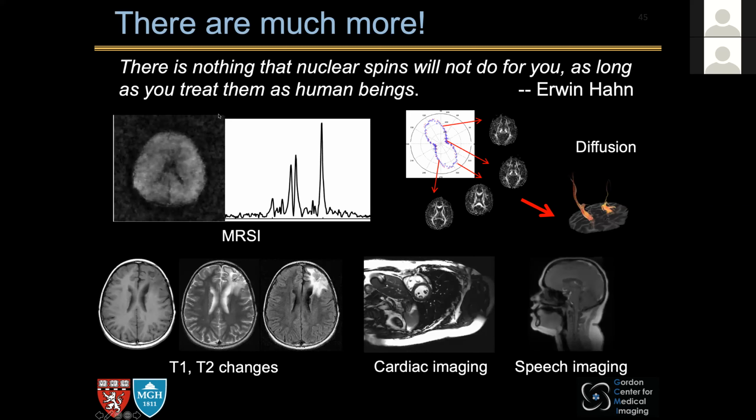Basically, there's nothing the nuclear spins will not do for you, as long as you treat them as human beings. There is very rich information we can extract from MR signals: spectrum information, diffusion information, different changes, all the way to dynamic imaging, cardiac imaging and dynamic speech imaging.